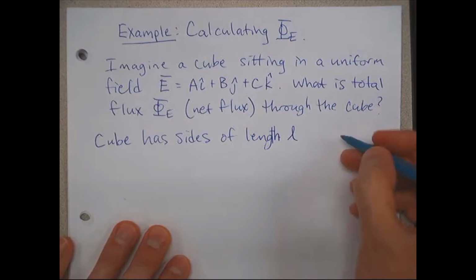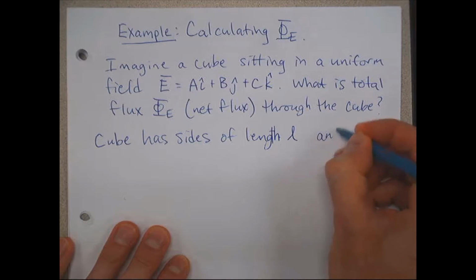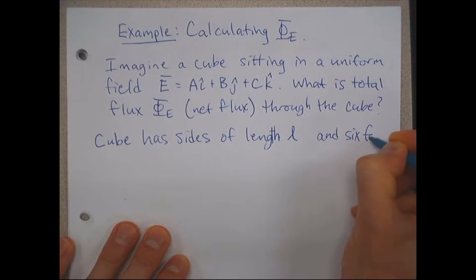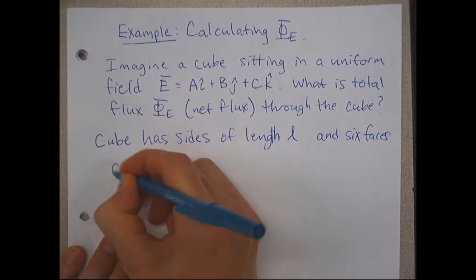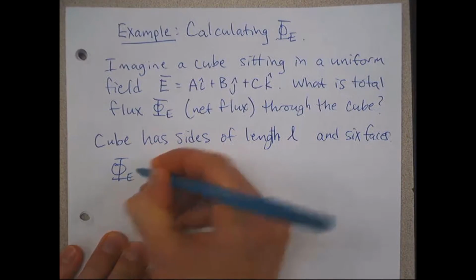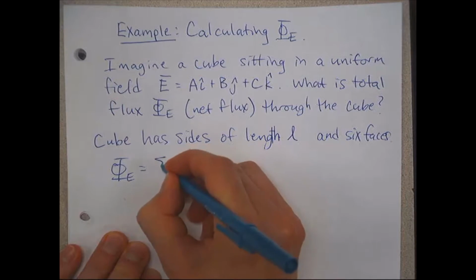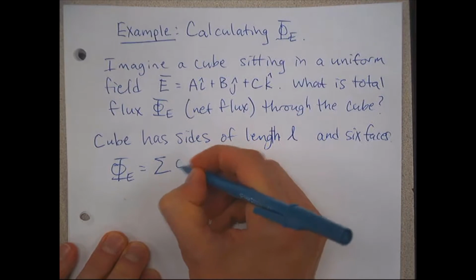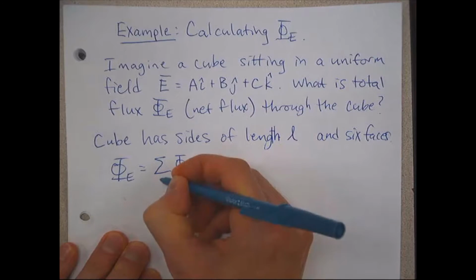We'll say length L. So we're going to have to individually compute the flux through each of the 6 sides.